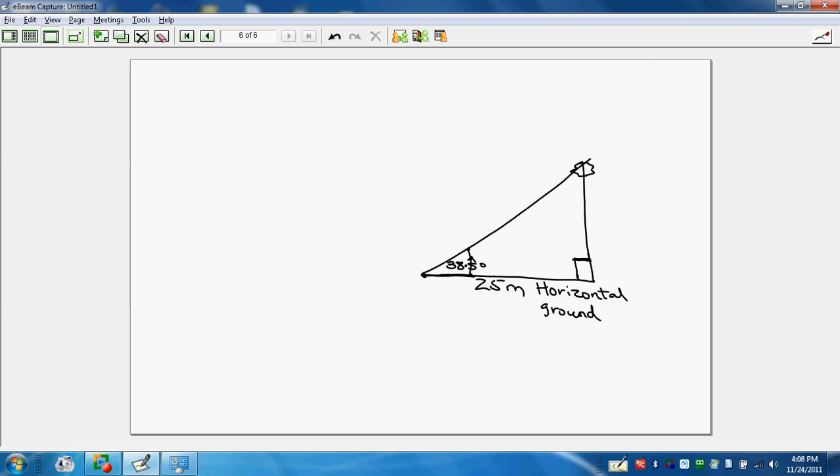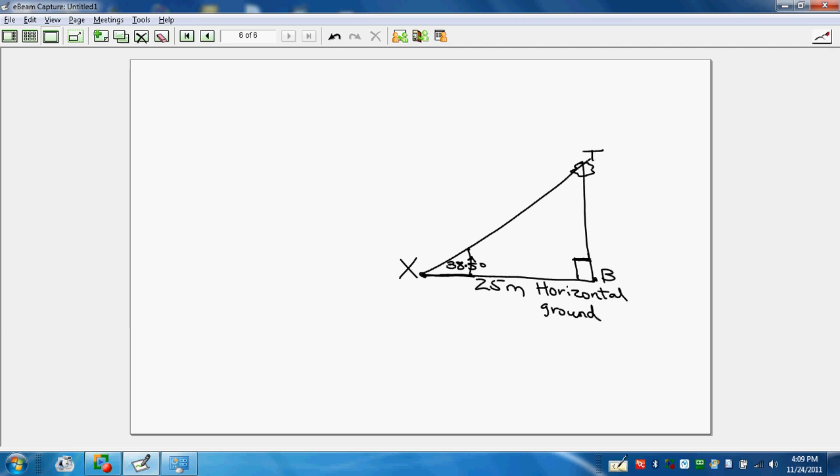We let B represent the base of the tree, we let T represent the top of the tree, and we let X represent the position of the man. In that way, we come up with a diagram that represents the information they give you. The critical point here is that the man's height is negligible, so he would be more or less on the level ground.